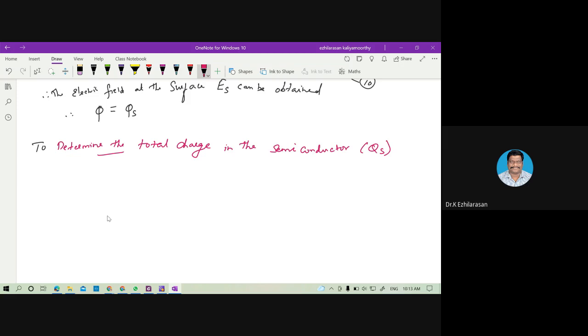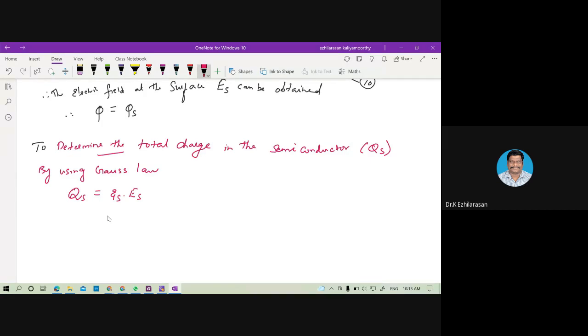So now further, we have to use Gauss law. What does Gauss law state? Qs is equal to epsilon s into Es. Already we have Es, the previous expression, so substitute that.